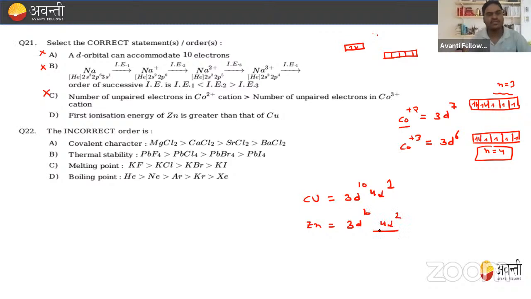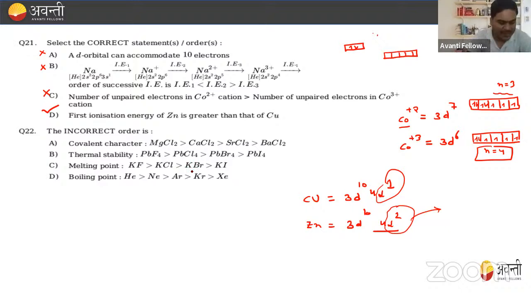So obviously the first ionization enthalpy of zinc is greater, because if you want to remove an electron from this, it is a fully filled s configuration, whereas this is a half-filled s1. So this one electron is easily removed. So we can say that the ionization enthalpy of zinc is more as compared to copper. If you're talking about the first ionization enthalpy, then obviously the correct statement is D. This is a very good question, and it is basically from periodic classification. If you know the concept behind this, then you can easily solve this question, no issue.